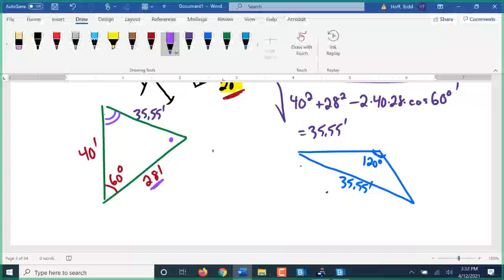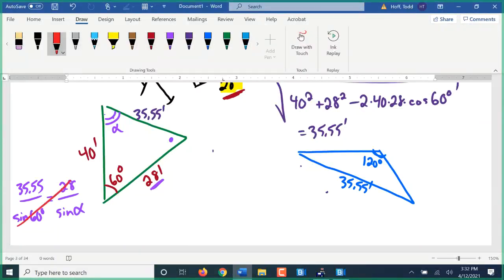So if I'm finding this angle here, I have 35.55 over the sine of 60 degrees equals 28 over the sine of, I'll call that angle alpha. So I'm going to cross multiply and divide to find the sine of that angle.